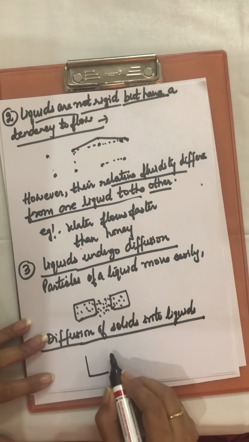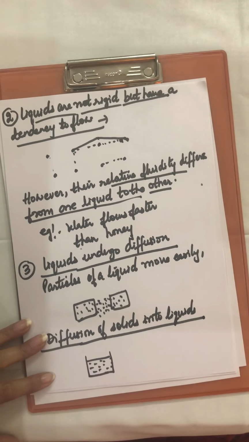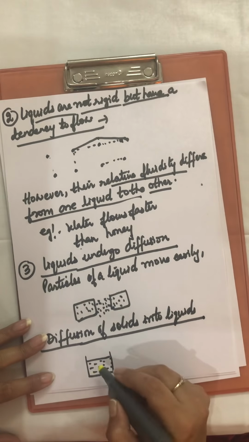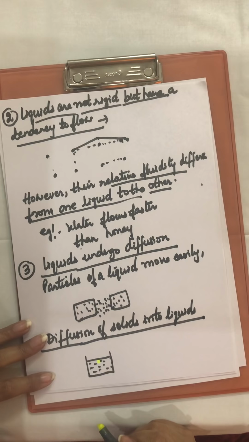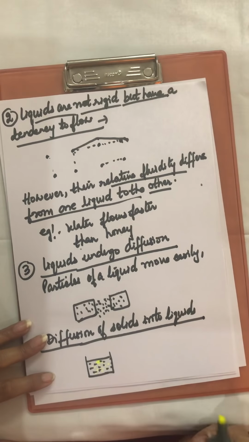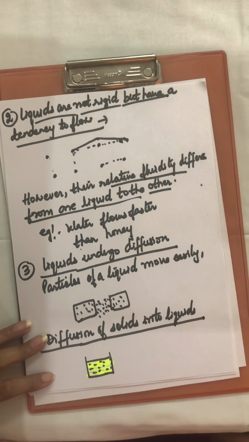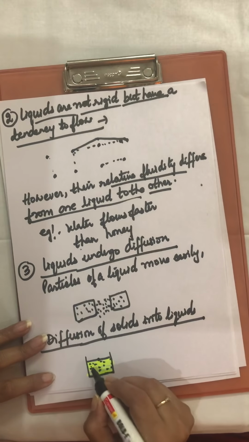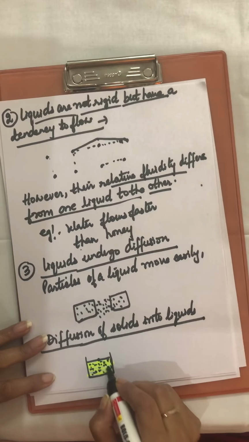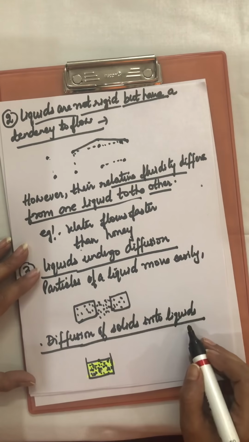If we take water, which is a liquid, and add one small crystal of potassium permanganate, after some time we'll see the purple color shooting into the water, and the whole of the water will become purple after some time. This is because the solid has moved into the spaces between the liquid particles. So diffusion of solid has taken place into the liquid.